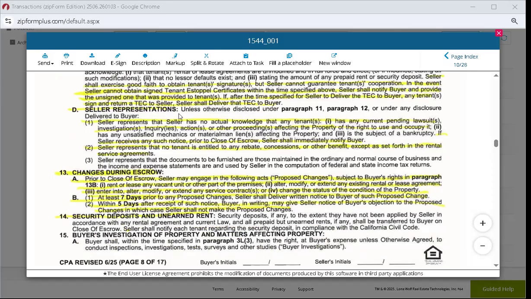Michelle, a question or comment on that. On the MLS, for instance, let's say it's a 3-4 unit, and they put in a rental paying 2,500 or whatever. And then when you go over there, the tenants tell you differently. I'm not paying that, I'm paying much less. And the lender is guiding the loan based on the income that it shows on the MLS.